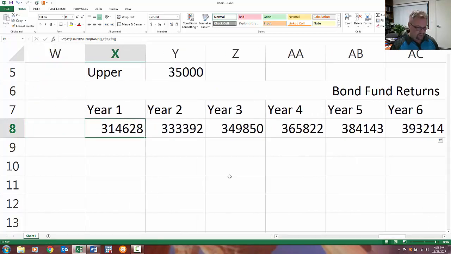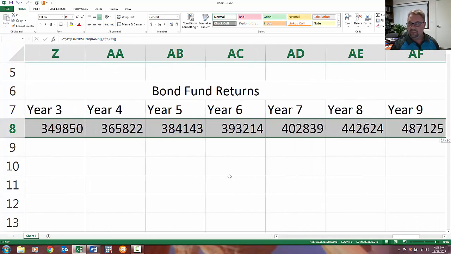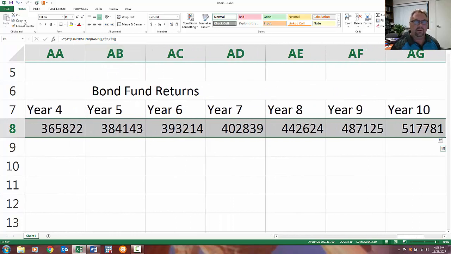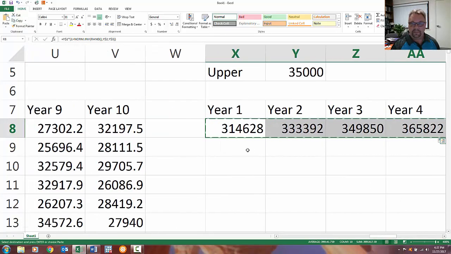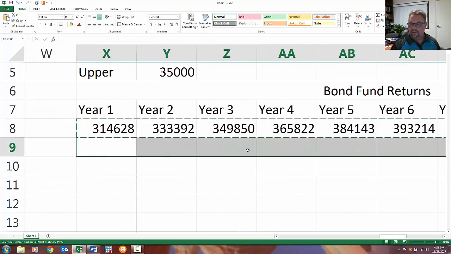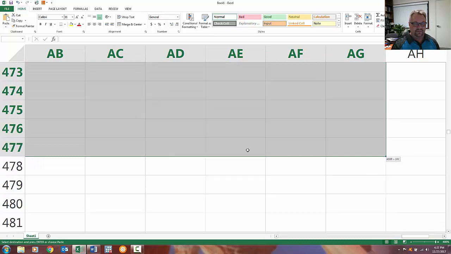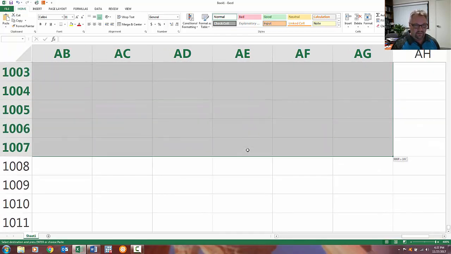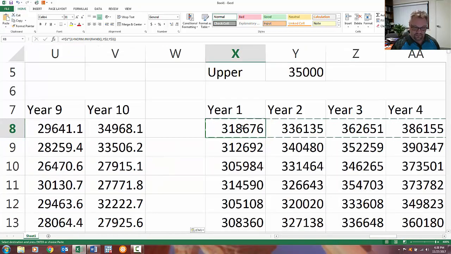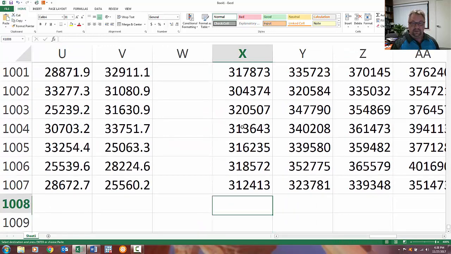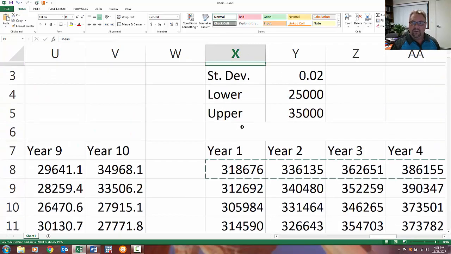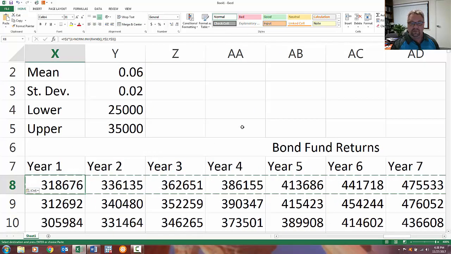And now copy, oops, and go down, and I think I did 1,007. Oh, nice. I actually think that's right, too. It is. Look at that. Okay, perfecto. Okay, so there are my bond fund returns.